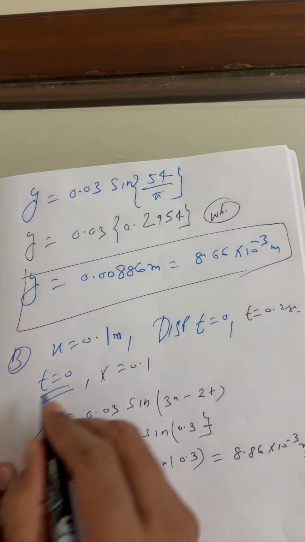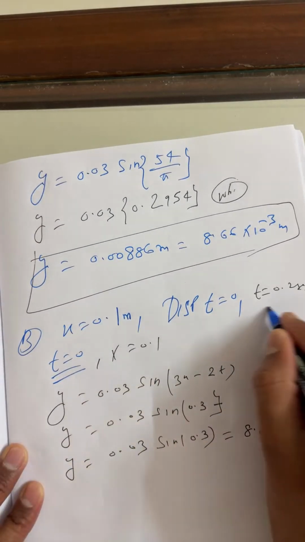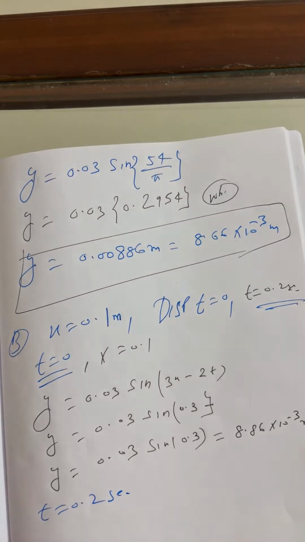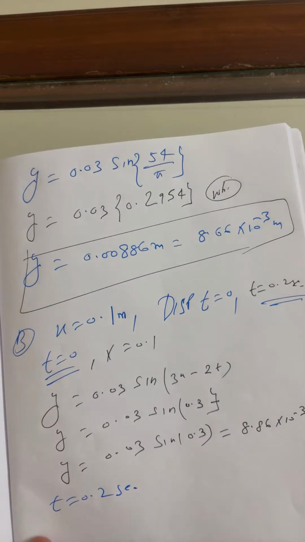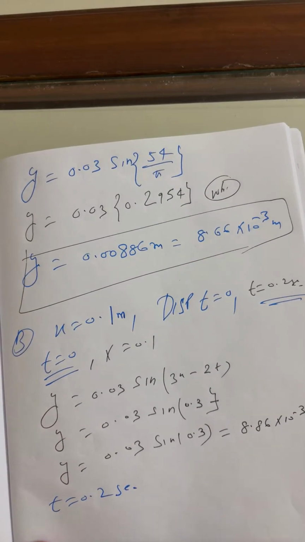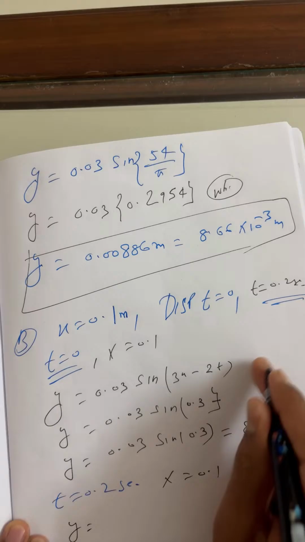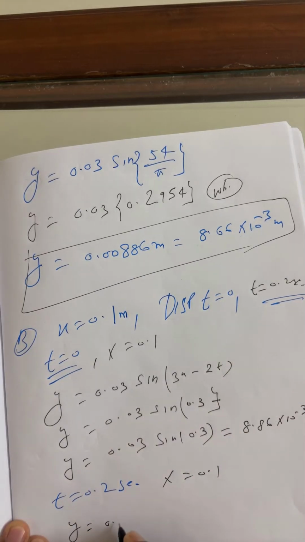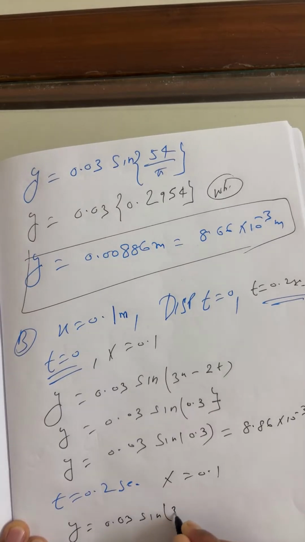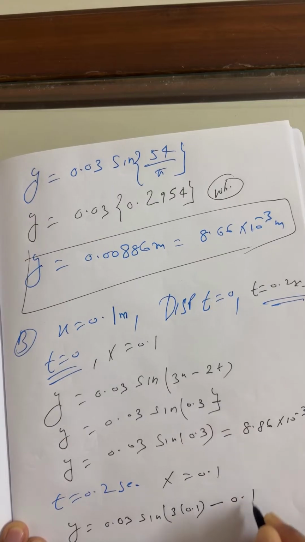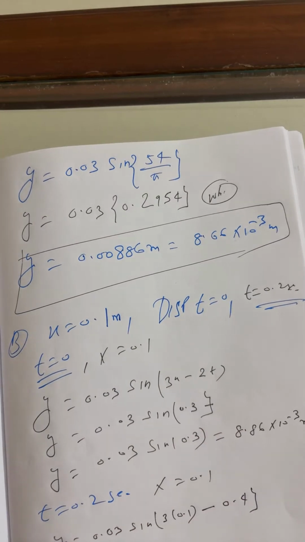Okay, now next question. In part B, this is the next part. Time is 0.2 seconds. Time we can say 0.2 seconds. Right. And what about displacement? That is X. We can take 0.1 only. So same, I'll use this equation only. 0.03 sin of (3 into 0.1 minus 0.4).